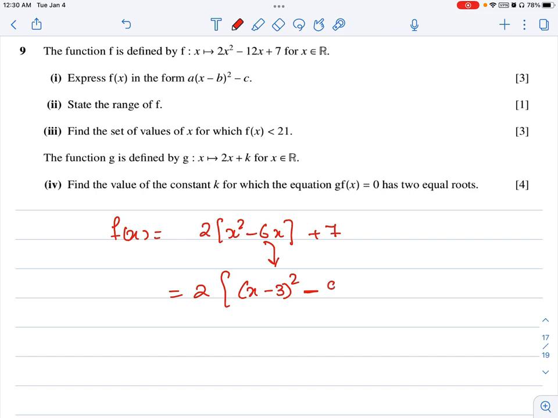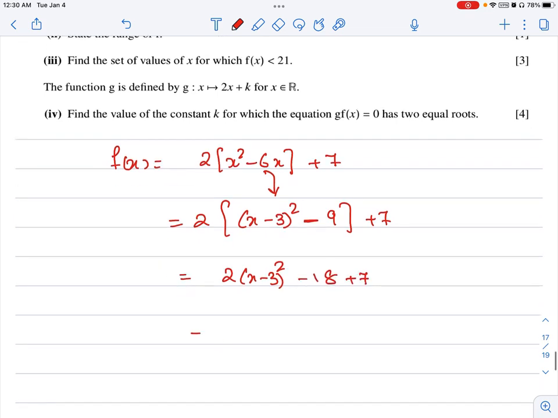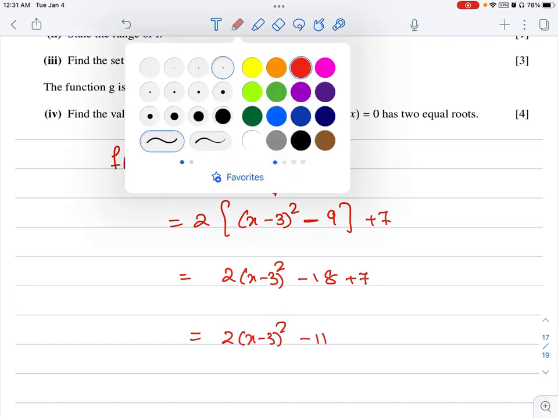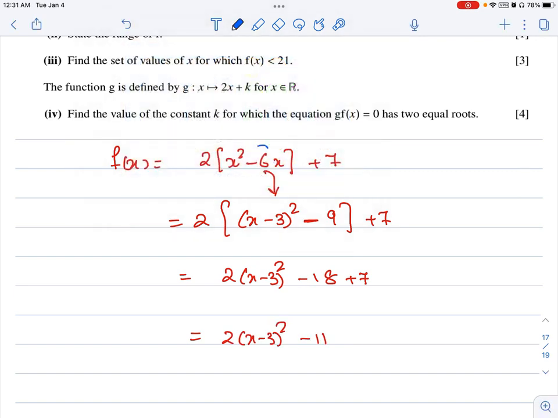We have written 3. So 9 plus 7. So it becomes 2 times x minus 3 whole square minus 18 plus 7, so 2 times x minus 3 whole square minus 11. So remember, half of this number and square of this number, and every time it should be minus.